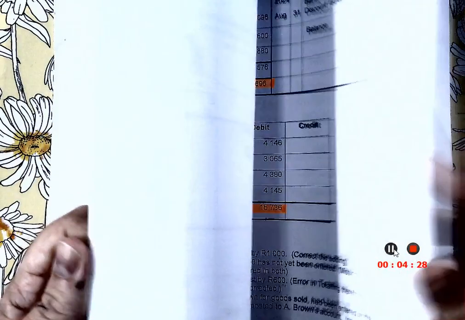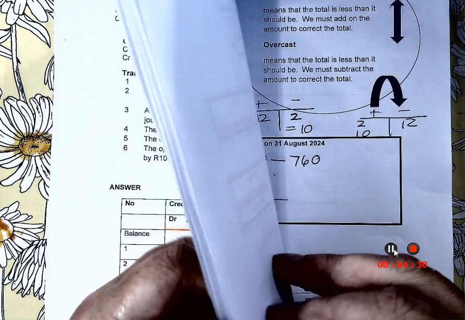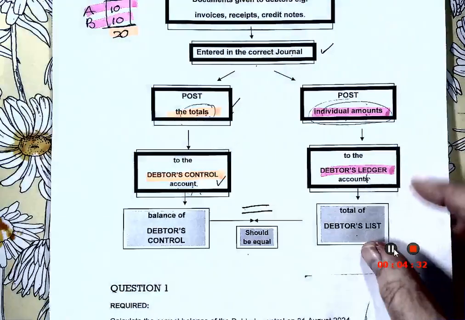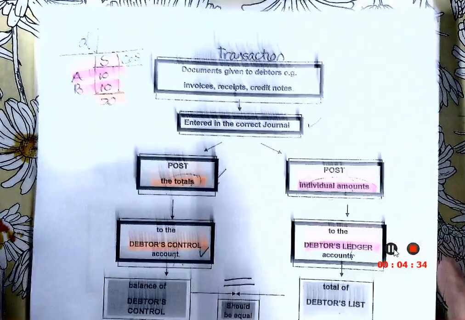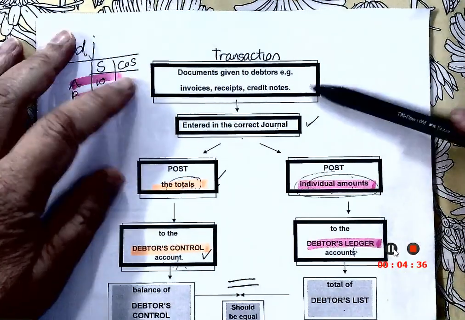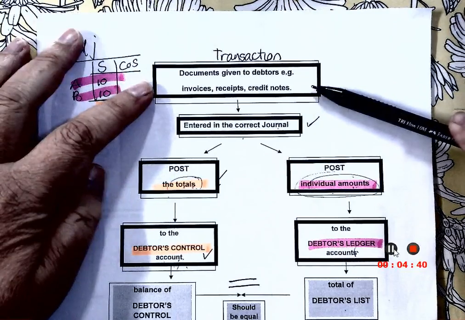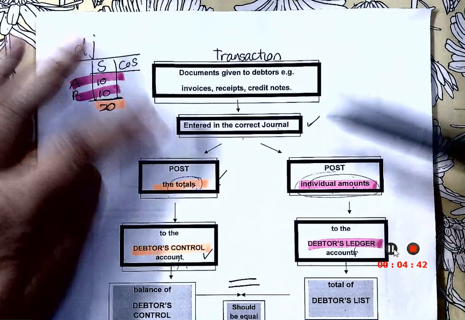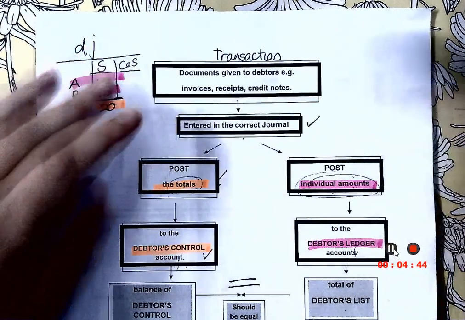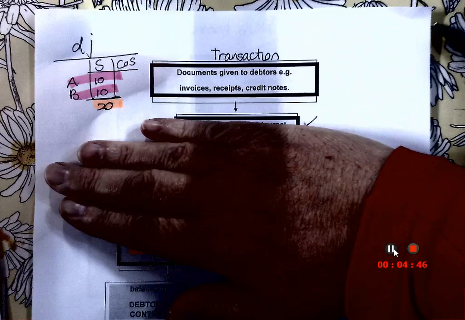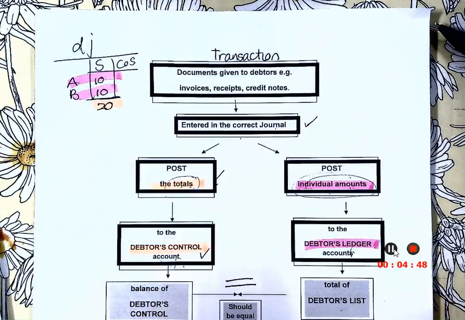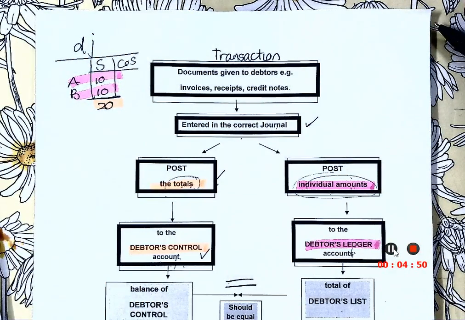If you look at the map, can you see we start with the transaction? In this case, the transaction started, but it's not entered in the journal. So can you see, we are only there yet. We haven't done anything else yet. Okay?